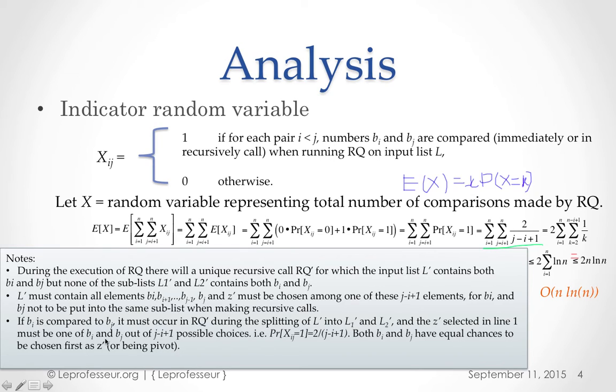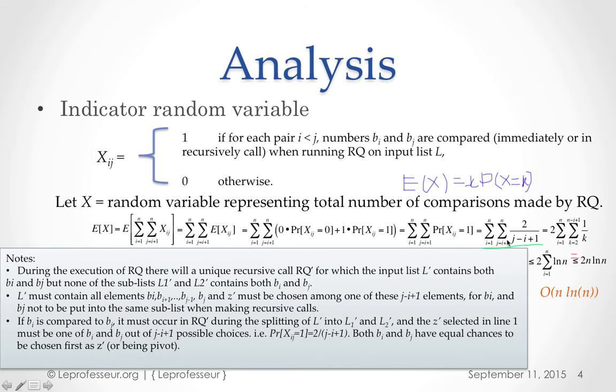Good. Now your Bi and Bj both have equal probability of being chosen as j-tick. So the total probability of the indicator random variable Xij to be 1, or in other words, to make a comparison, would be 2 divided by the total number of choices, that is j minus i plus 1.